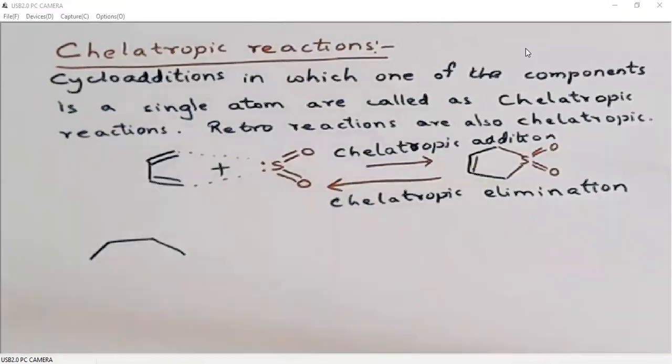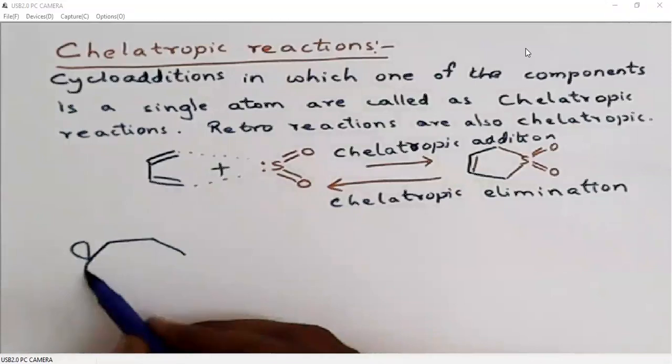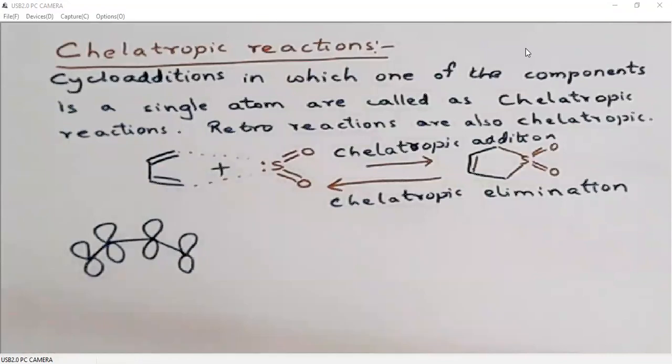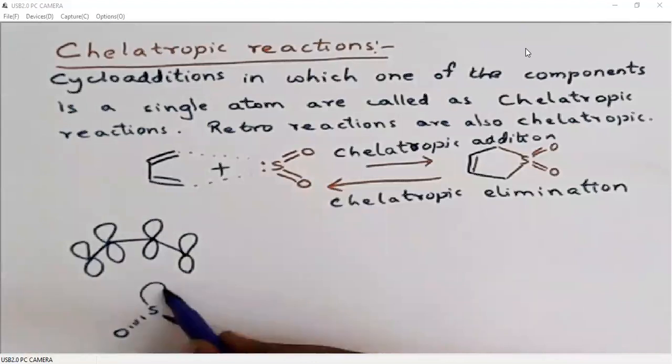So I'll show both. Sulfur dioxide is sp2 hybridized, where two sp2 hybrid orbitals are involved in bonding with oxygen, and another sp2 hybrid orbital is not involved in bonding. It will have a lone pair.